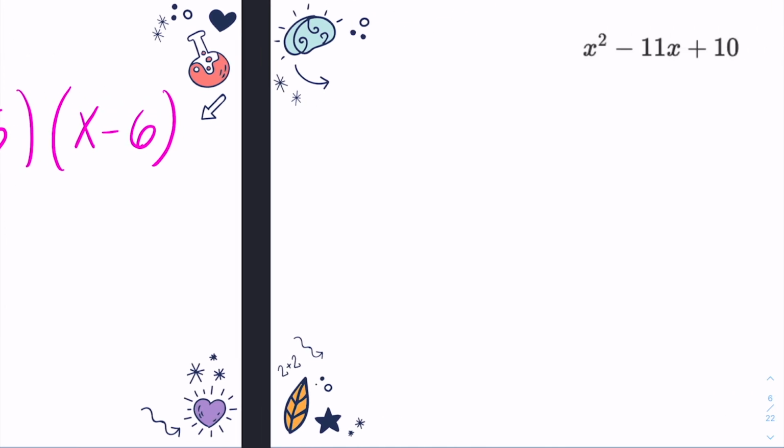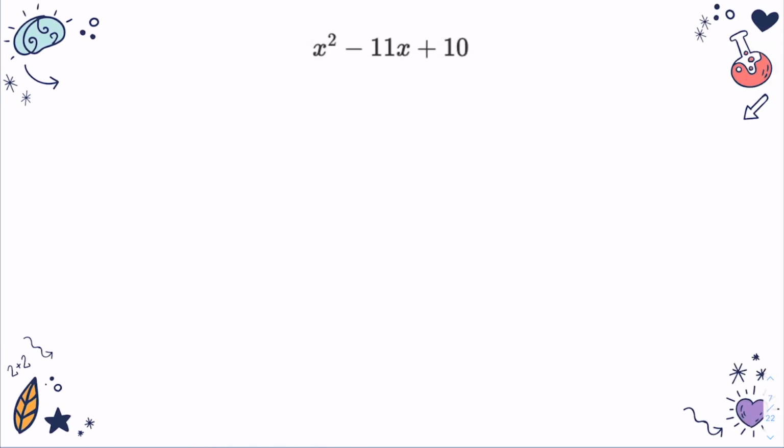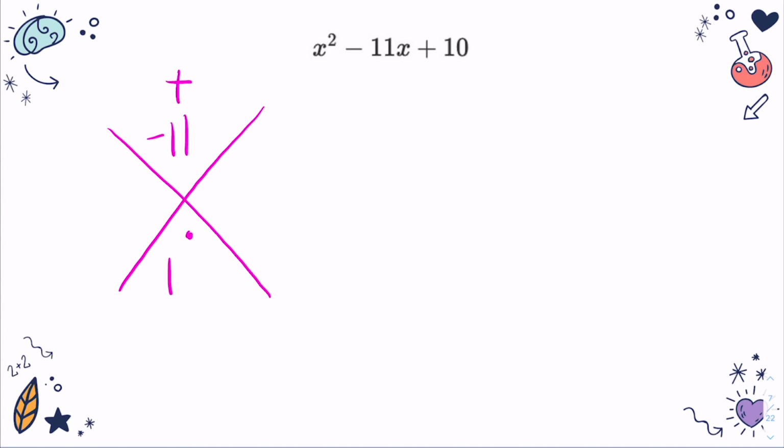Okay, pause the video and take time to factor this trinomial. x squared minus 11x plus 10. So since a equals 1, we're trying to find two numbers that add to give us negative 11, multiply to give us 10.